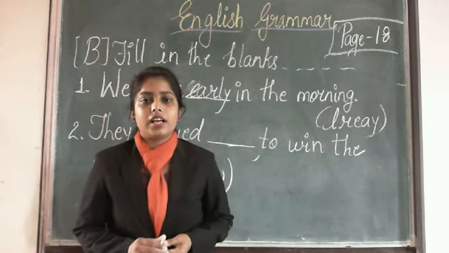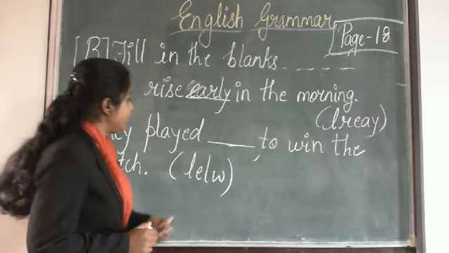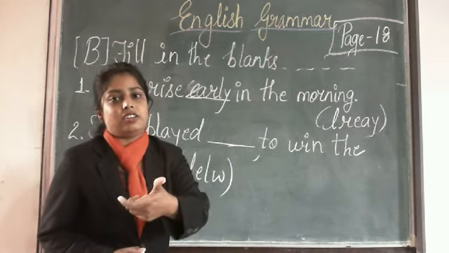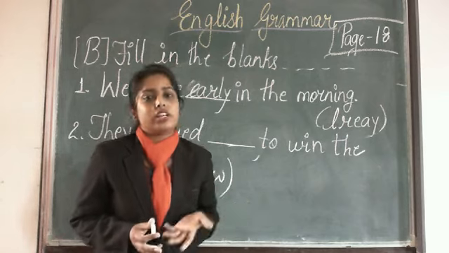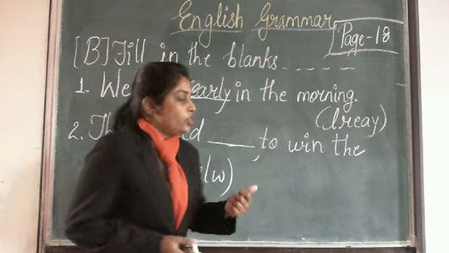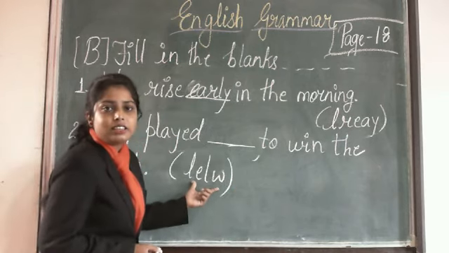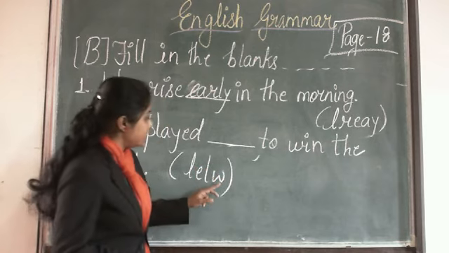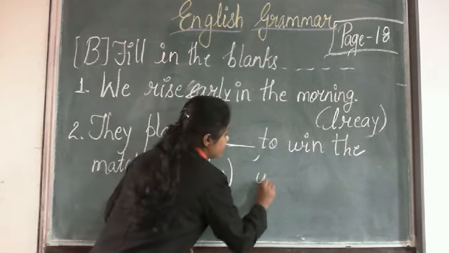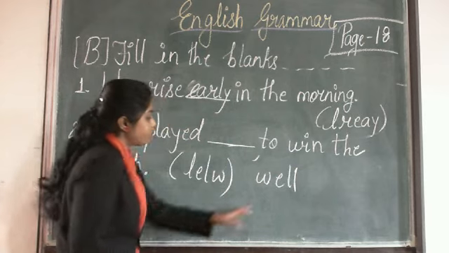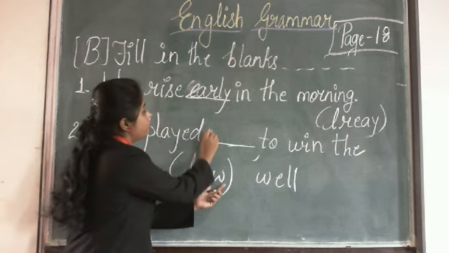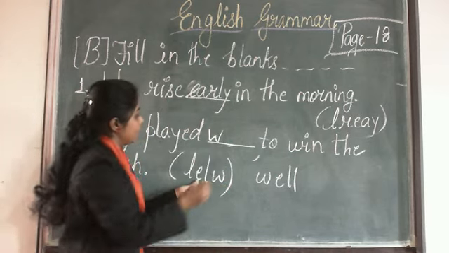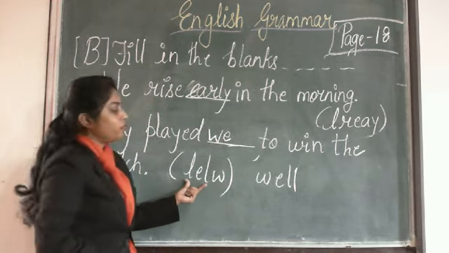सो व्हाट वर्ड कैन वी मेक? व्हाट वर्ड कैन गेट फिट हियर? वेल, राइट? दे प्लेड वेल. उन्होंने अच्छा खेला, है ना? So well, can we make well with these set of letters? The spelling of well is W-E-L-L. Do we have W? Yes, we have W. E, we are having E. We have two L's.